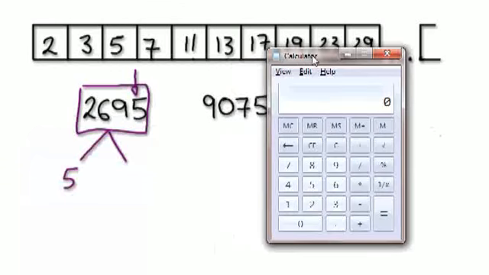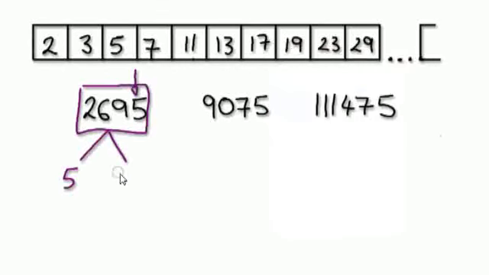2695 divided by 5. It should be able to divide by 5. Yes, 539. For some reason, when I see a 9, I think I will try a 3.